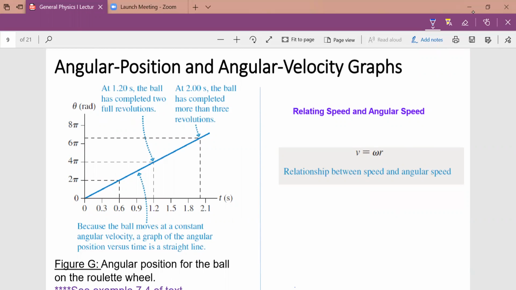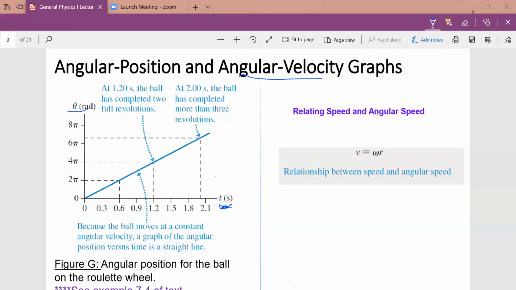In the same way, for the angular position time graph, the slope of it will give us the angular velocity time graph. So we'll have the position time graph here. The slope will give us the velocity time graph. The way to express this is to take the slope, the same way we did when we were treating linear motion.